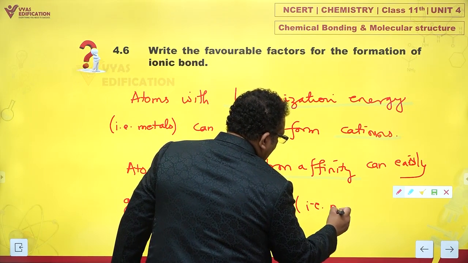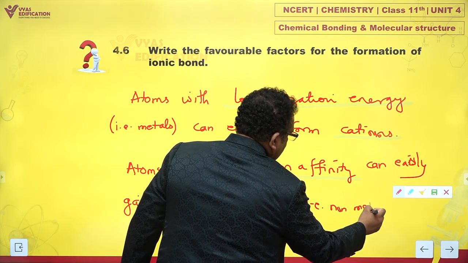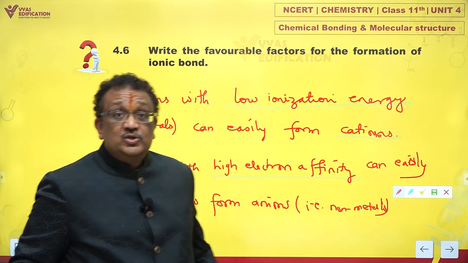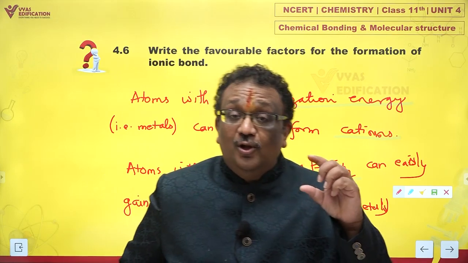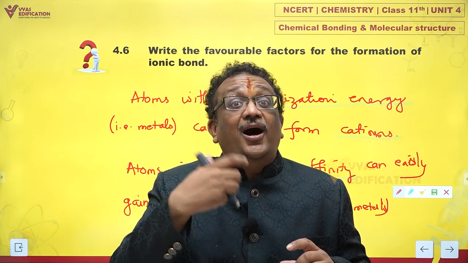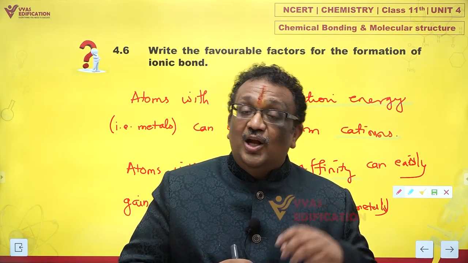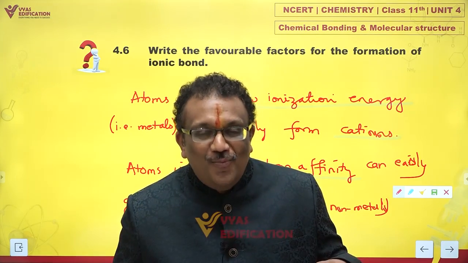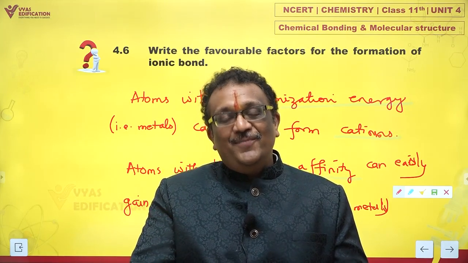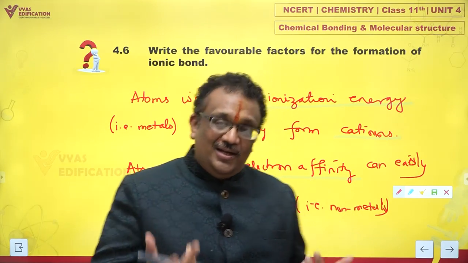That is non-metals. So if there are atoms with low ionization energy reacting with atoms having high electron affinity, that means metals are reacting with non-metals. Simple. Then they tend to form ionic bonds. So metals with non-metals tend to form ionic bonds.